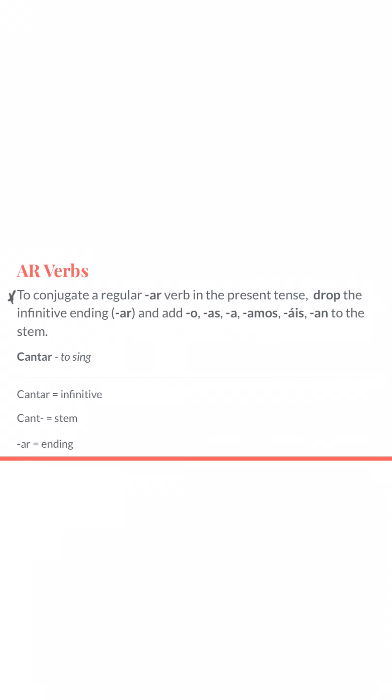Cantar means to sing, and the verb, when written out in its entirety, like this, cantar, is my infinitive form right here. But I do need to remember that my infinitive is made up of those two parts. First, let's look at our infinitive ending here, the AR, as it is an AR verb, meaning that my verb stem is this cant portion there. So cant is my stem and AR is my verb ending.